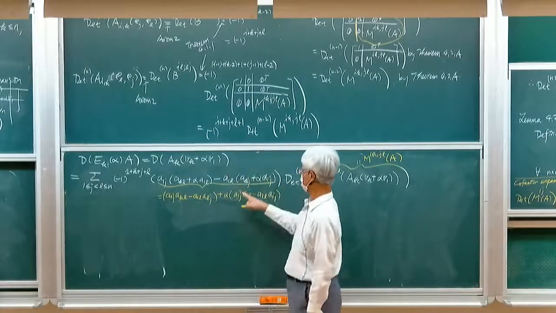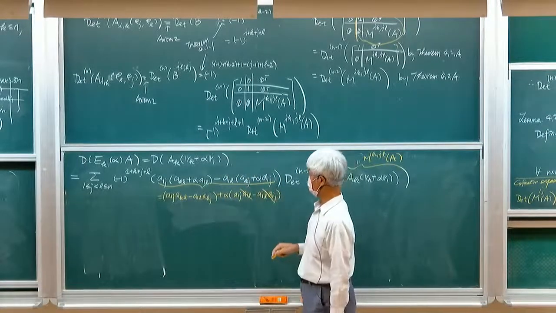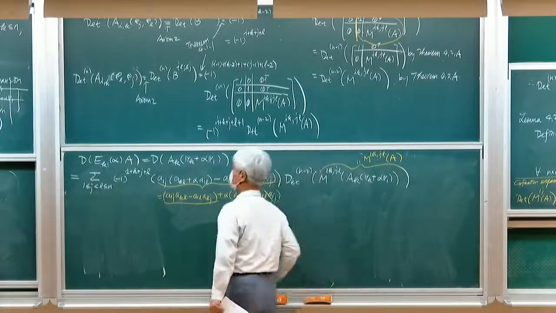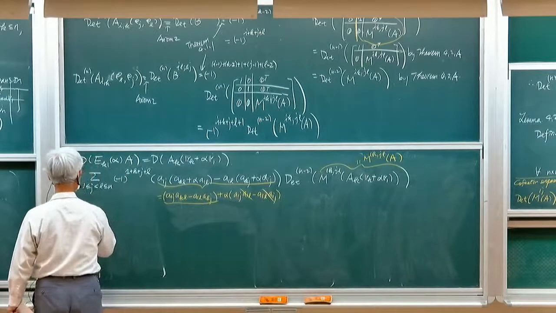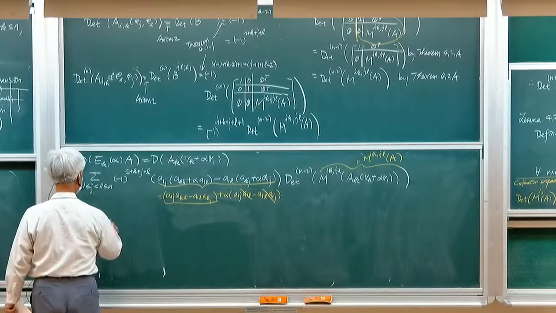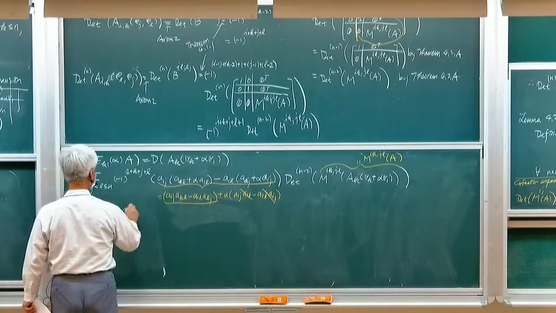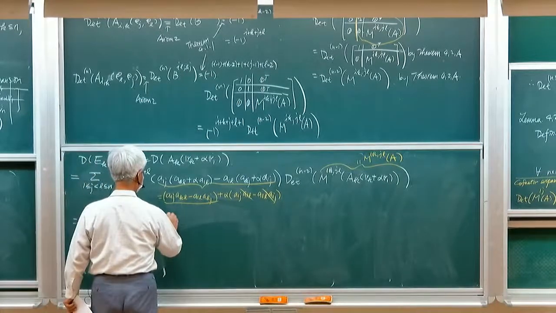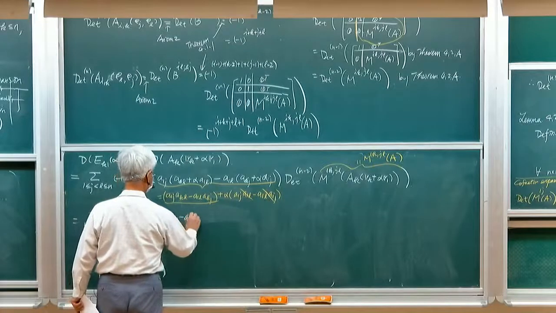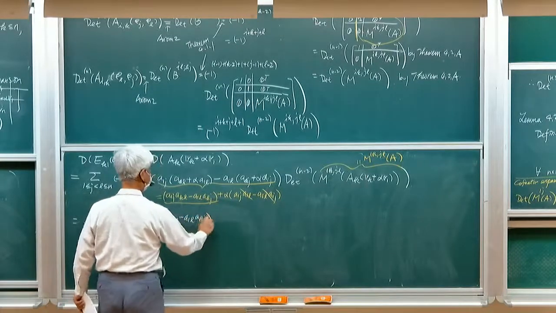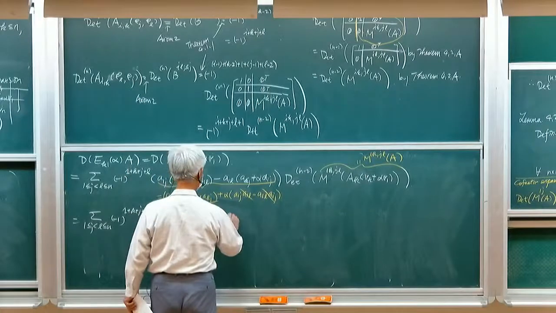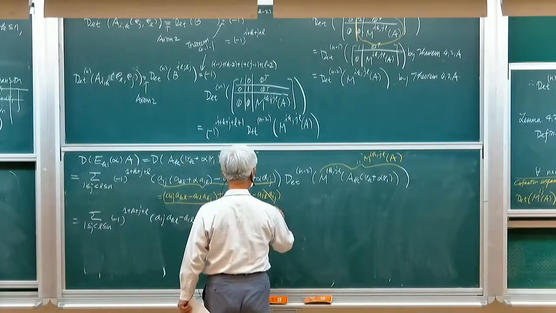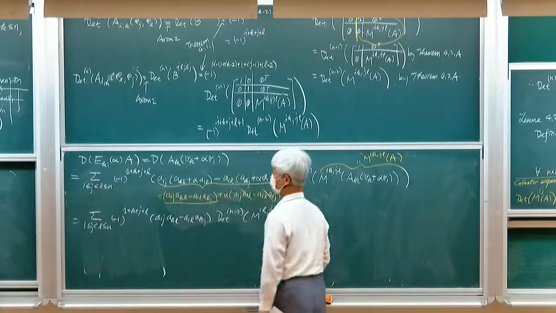Okay? And you can see they cancel each other, so we have only this term left. And so this is the summation of (-1) to the power 1 plus K plus J plus L, A1J AKL minus A1L AKJ, and the determinant of M minus 2 of M1K JL of A. Okay.